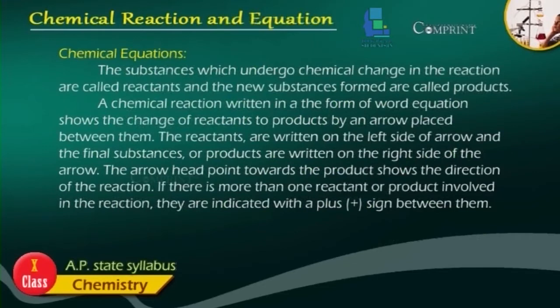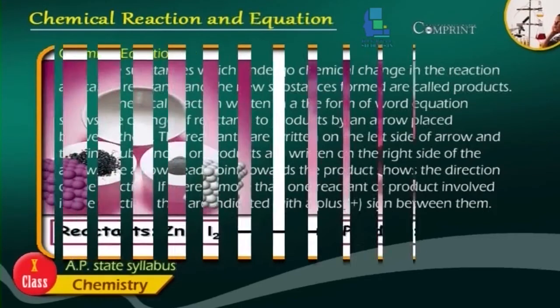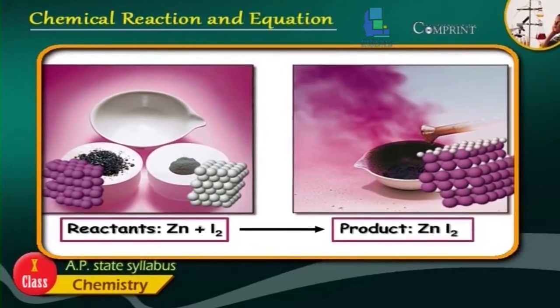Chemical equations. The substances which undergo chemical change in the reaction are called reactants and the new substances formed are called products. A chemical reaction written in the form of word equation shows the change of reactants to products by an arrow placed between them.